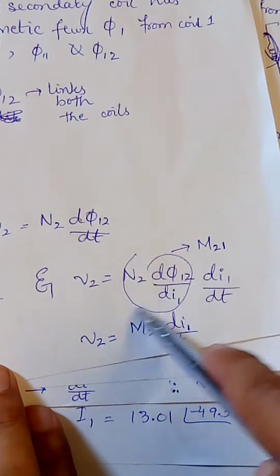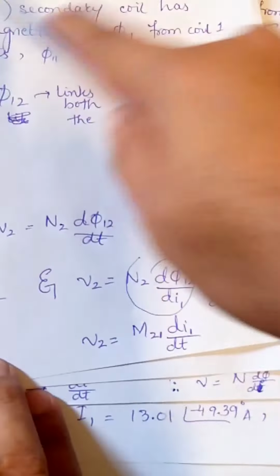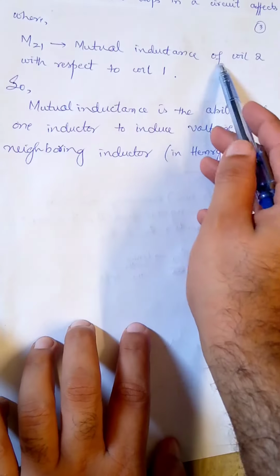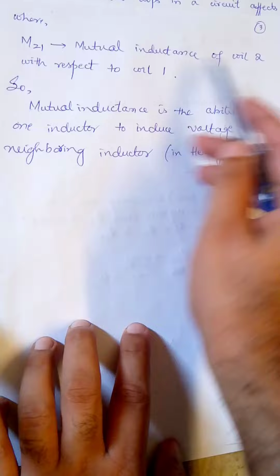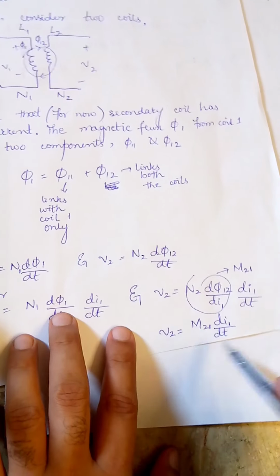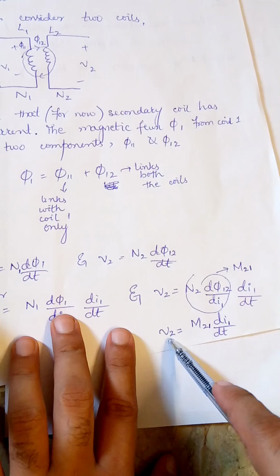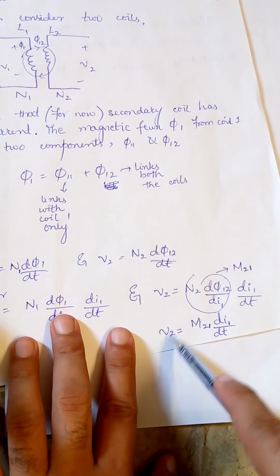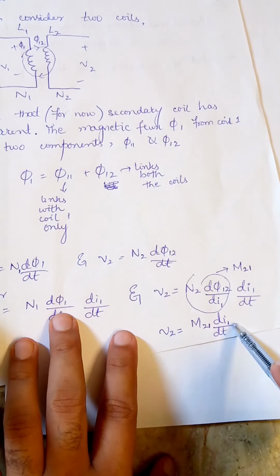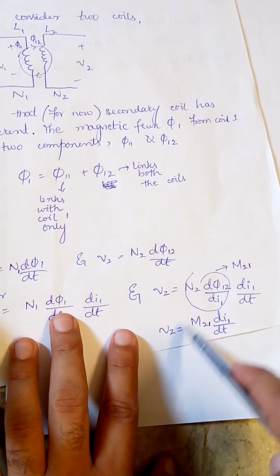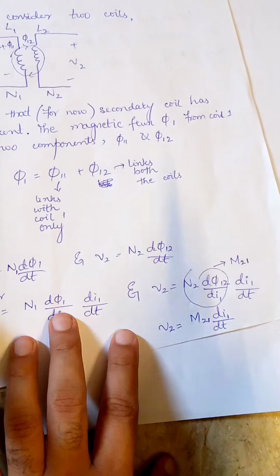So this whole parameter has now been converted into M21, which is the mutual inductance of coil 2 with respect to coil 1, right? Remember this equation, we will be using it. This is the representation of the voltage induced in coil 2 due to current in coil 1. This is basically the mathematical description of the mutual inductance phenomenon.